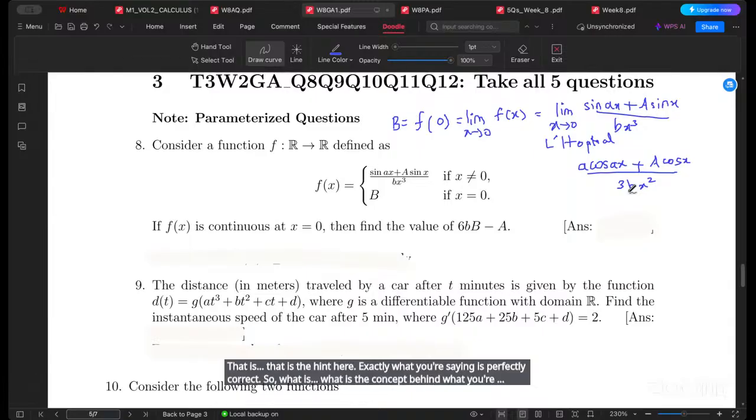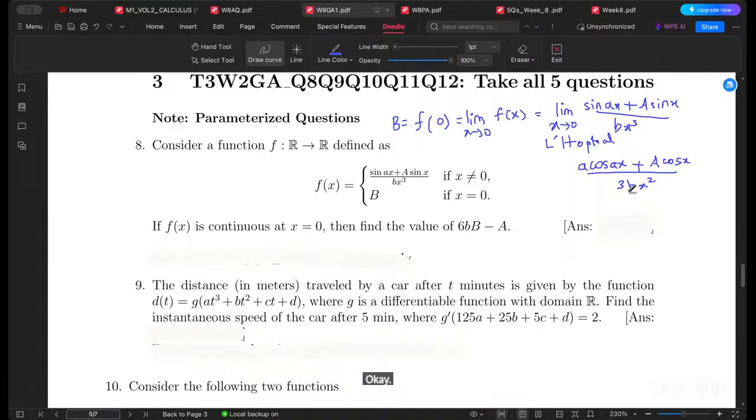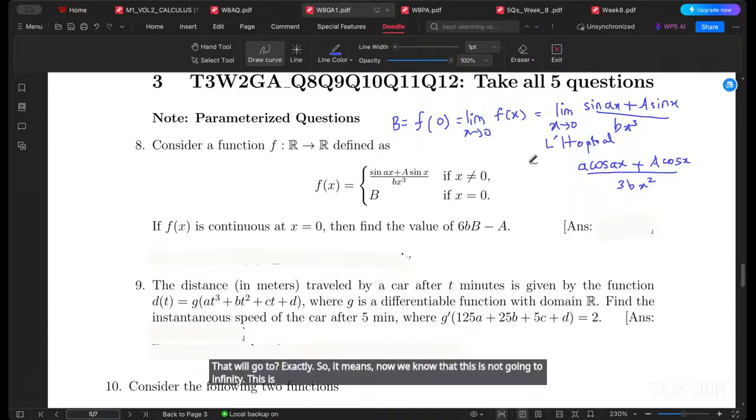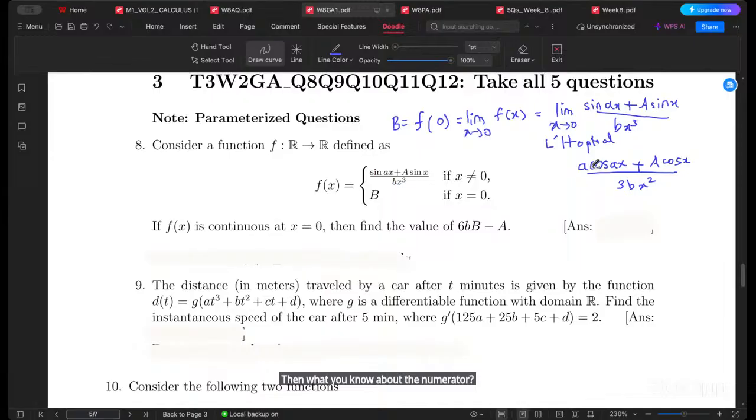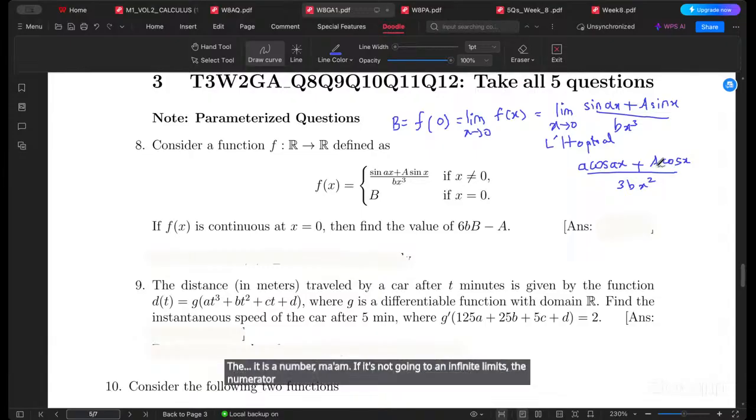When you have some number in the numerator and the denominator is going to 0, what will happen to the whole expression? It becomes infinity. Exactly. So now we know that this is not going to infinity. If it is not going to infinity, then what do you know about the numerator? It is a number, ma'am. If it's not going to an infinite limit, the numerator will be a number.